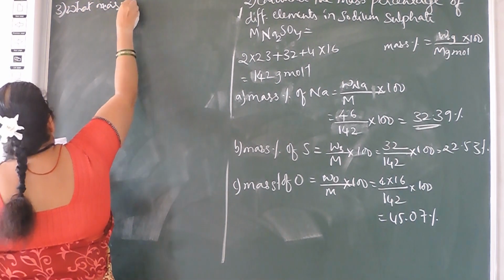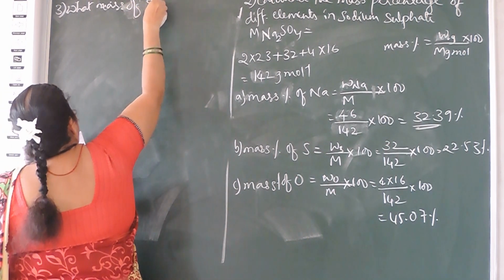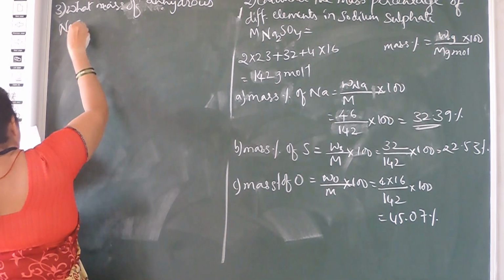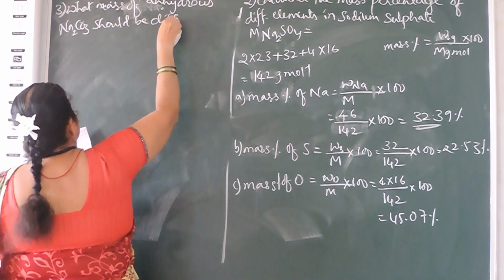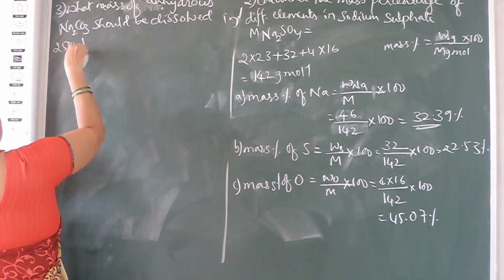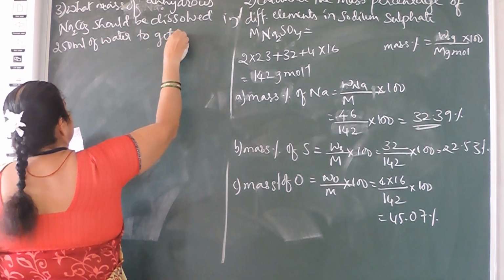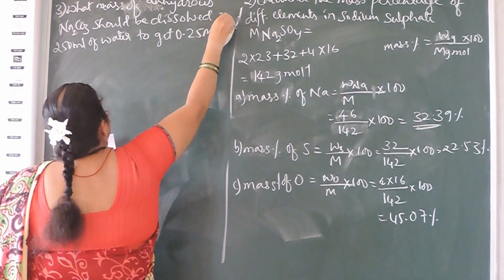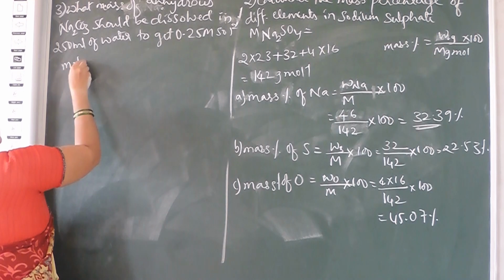What mass of anhydrous sodium carbonate, Na2CO3, should be dissolved in 250 ml of water to get 0.25 molar solution? So now I have the formula.